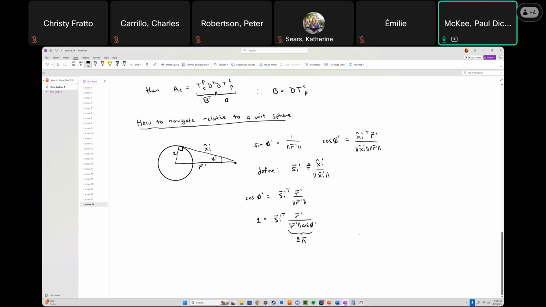So our equation looks like 1 is equal to s_i prime transpose n, where, to be clear, this is the factorized and normalized line of sight direction in an image, and n is some intermediate variable that we would like.